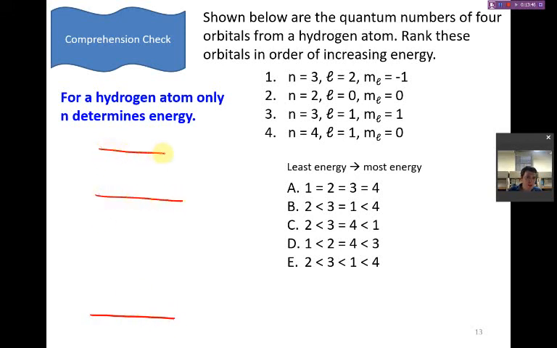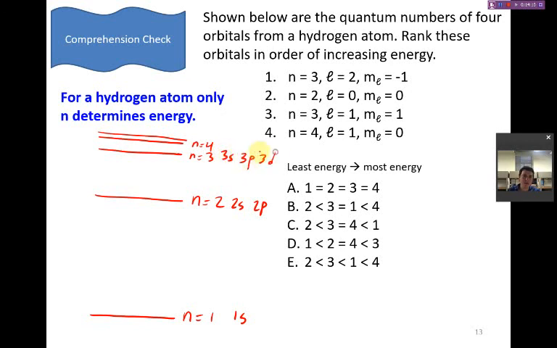And so if we draw our roughly to scale hydrogen atom energy levels, we know that here we would have n equals 1, so this would be the 1s. These would be our 2s and 2p subshells, our 3s, 3p, 3d, and then our 4s, 4p, 4d, and 4f.